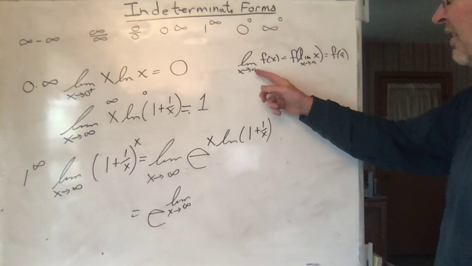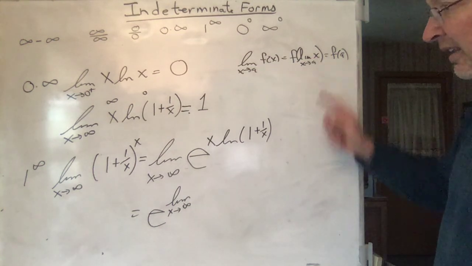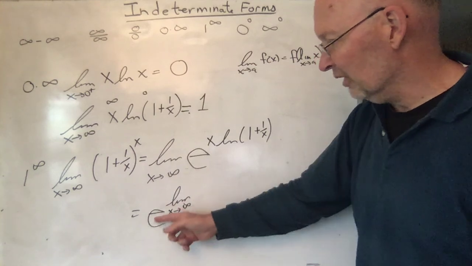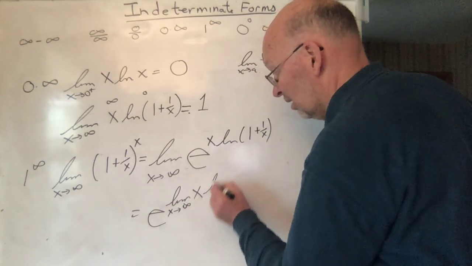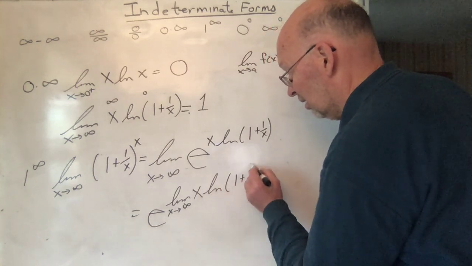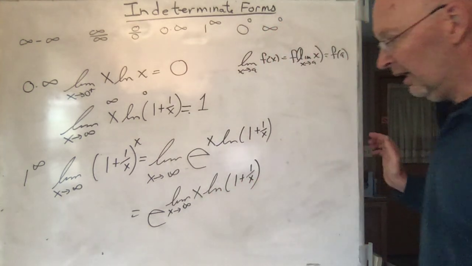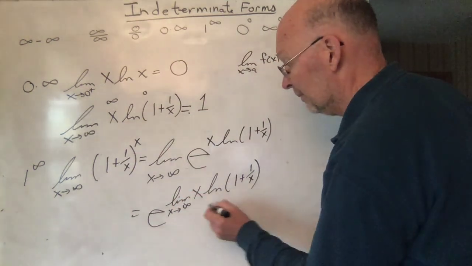Basically, something is continuous if you can bring the limit inside the function. So this is a continuous function. I can bring the limit inside up to here. Okay, so now we just have to evaluate this limit.